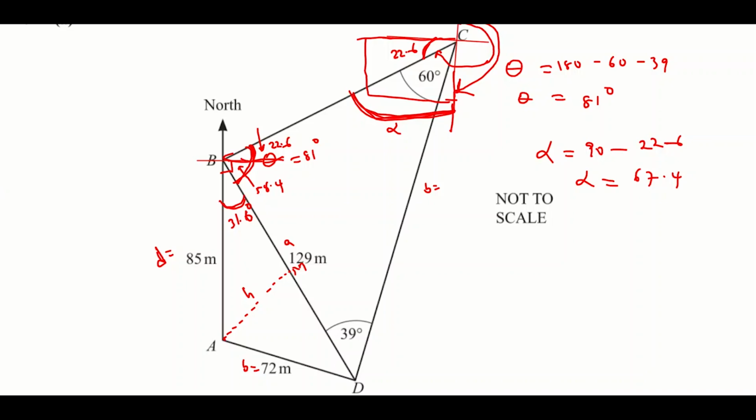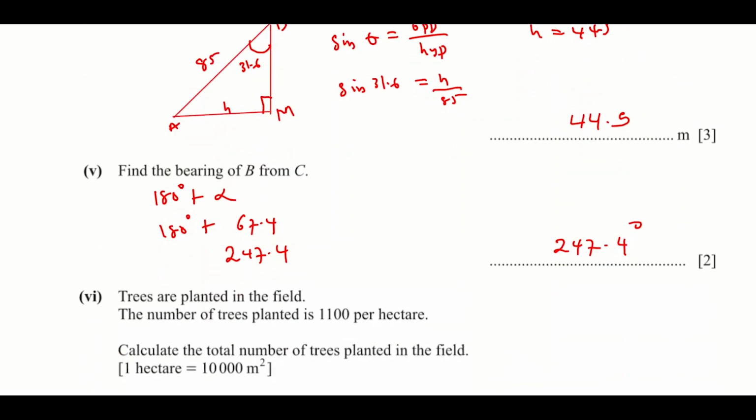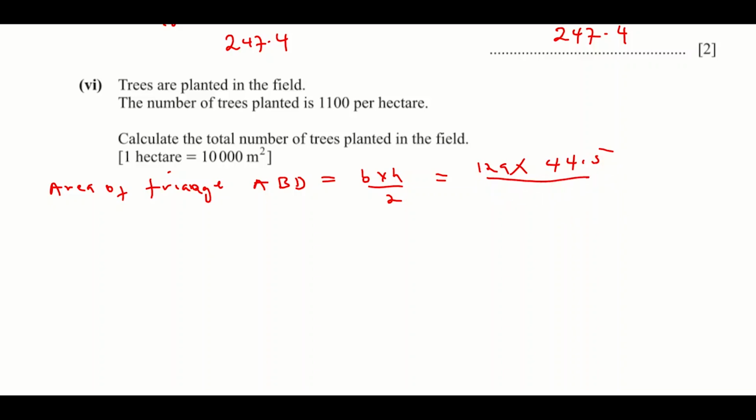So the area of triangle ABD is equal to base times height over 2: 129 times 44.5, divided by 2.